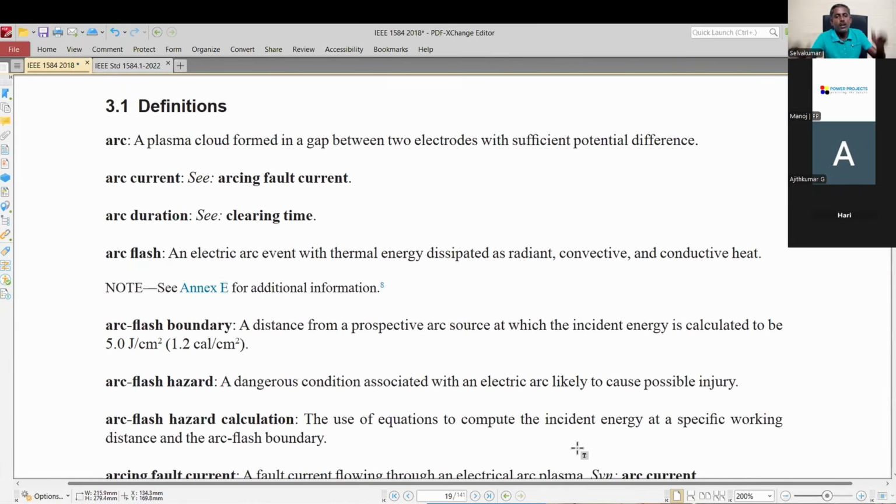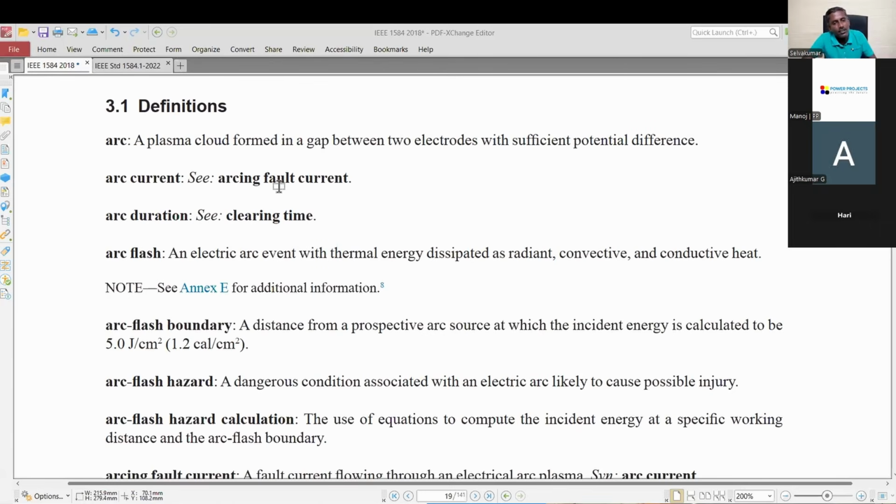I have two electrodes, electrode 1 and electrode 2, with a sufficient potential difference. That means one is at a different voltage than the other. A plasma has been formed between these two, which means current is flowing via this. So that's an arc. That's the definition given in IEEE 1584.